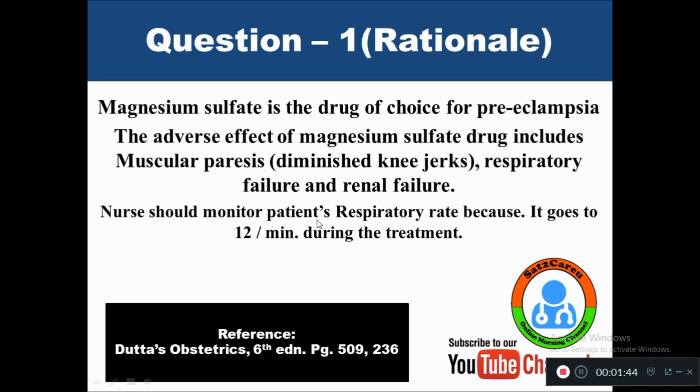The nurse should monitor the patient's respiratory rate because it should not go below 12 breaths per minute during the time of treatment. So the pulse rate is the least important compared to the other three options given in the question. This is referred from Dutta's Obstetrics, 6th edition, page numbers 509 and 236.